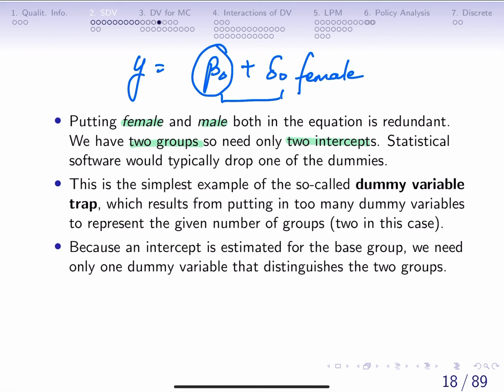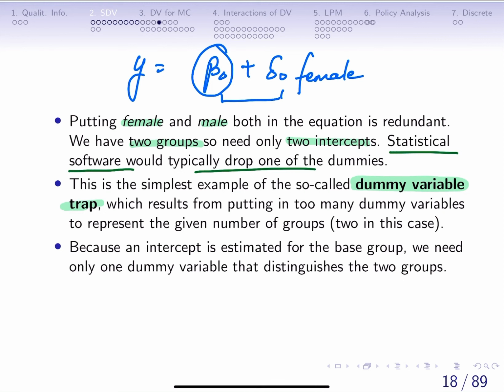So we get that. Okay, and even if you made a mistake, the statistical software would typically drop one of the dummies. Okay, so if you did make a silly mistake like that, hopefully you don't, but if you did, any statistical software, whether it's Stata or Python, would drop that redundant category. So typically the statistical software is avoiding the so-called dummy variable trap, which typically results from putting too many dummy variables to represent a given number of groups.